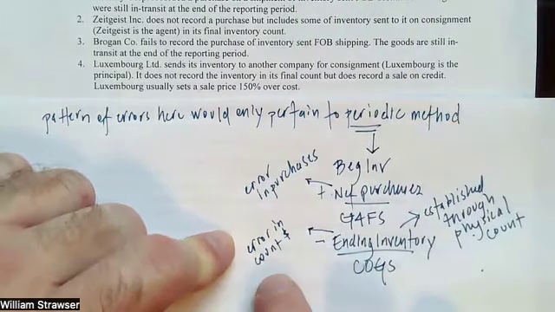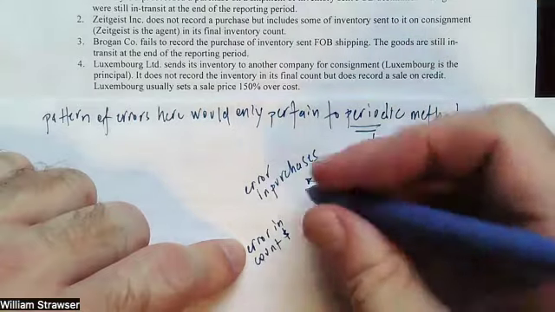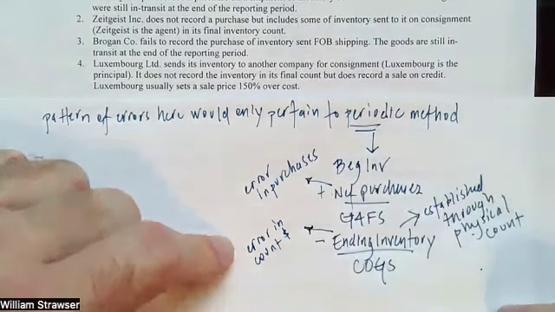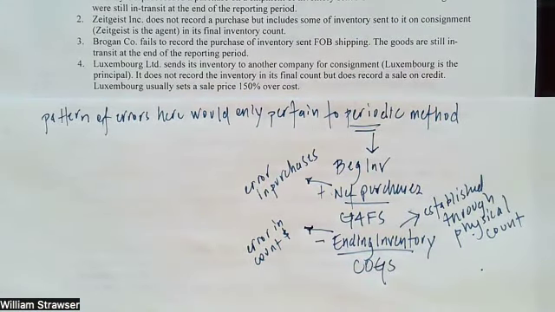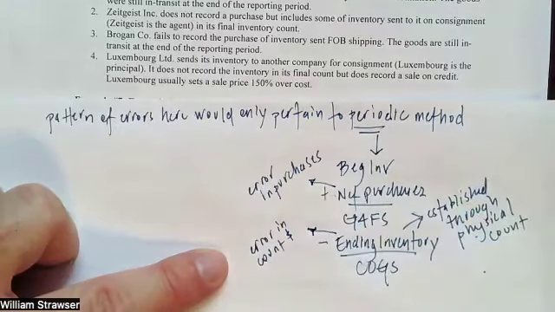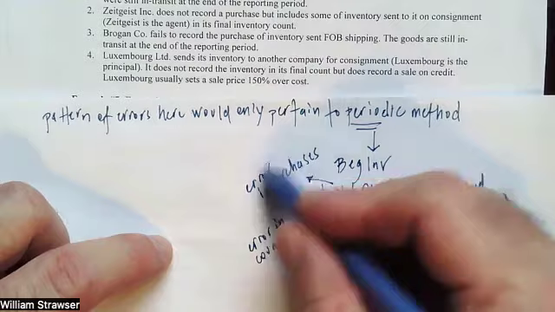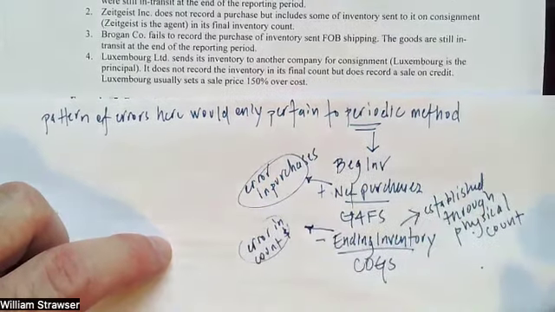So maybe we're incorrectly including some inventory that shouldn't be in there, or we don't have some inventory that should be there. And as you can imagine, a lot of these errors can revolve around issues with consignment, FOB shipping versus FOB destination, and the same as well in purchases.